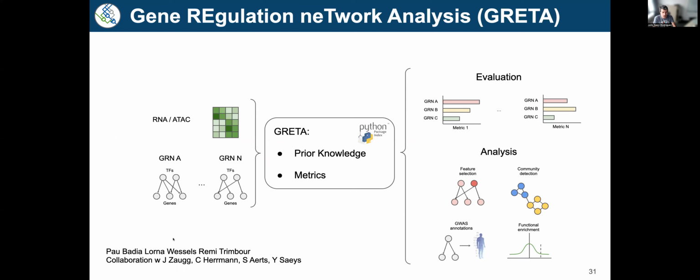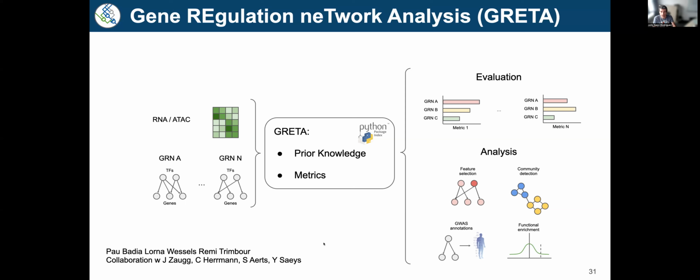And so Pau Badia, a student in the lab with Lorna and Remy, in a project which is also in collaboration with other labs, in particular Judith Saez, Karl Hermann, Steinertz, and Julio Saez, is developing a framework called GRETA, which stands for Gene Regulation Network Analysis.